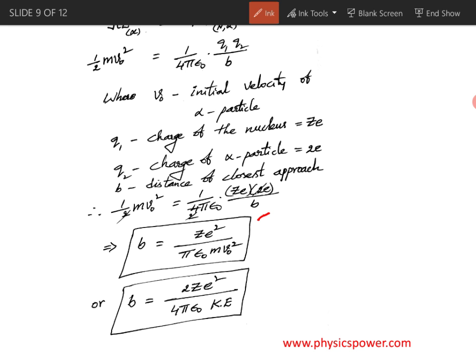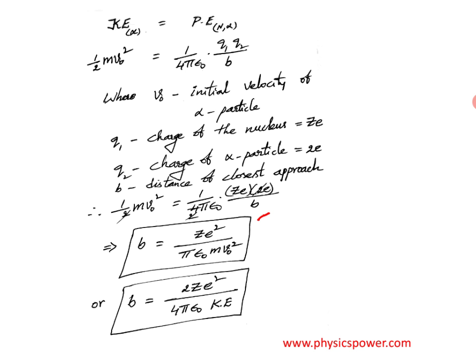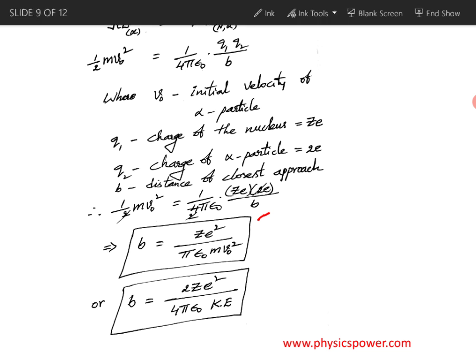But the same expression we can also write in another way. For example, if you keep the kinetic energy term as it is, without writing half mv square, then here it will be K, and then substitute only the Q1 and Q2 values, so the right side will be Ze times 2e, but on the left it will be only the kinetic energy Ke.